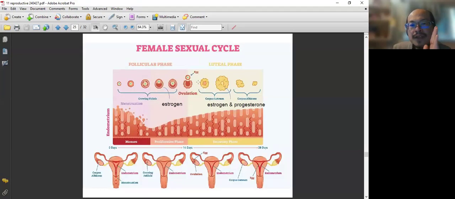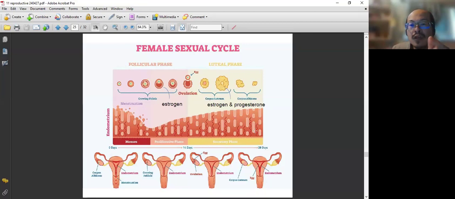If there's no pregnancy, the corpus luteum will sustain for a maximum of about 2 weeks, 14 days. It can actually start dying about a week after the formation of the corpus luteum, then it gradually dies away. You don't want it to die because it produces estrogen and progesterone. It's important to maintain the uterus environment. So it cannot die yet.